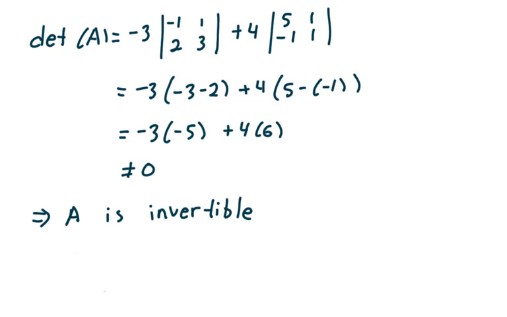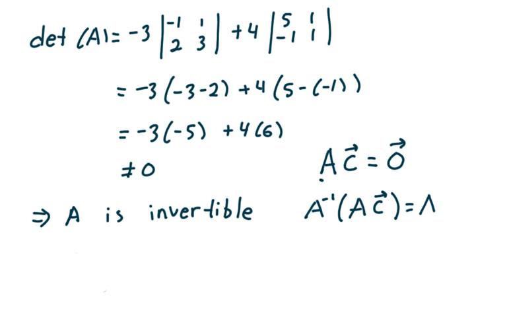Now, let me backtrack a step here. When I have A times the column vector C equal to the 0 vector, we just showed that A is invertible. And so I can multiply both sides by A inverse. But remember that A inverse times the 0 vector is just the 0 vector. That's the left side.